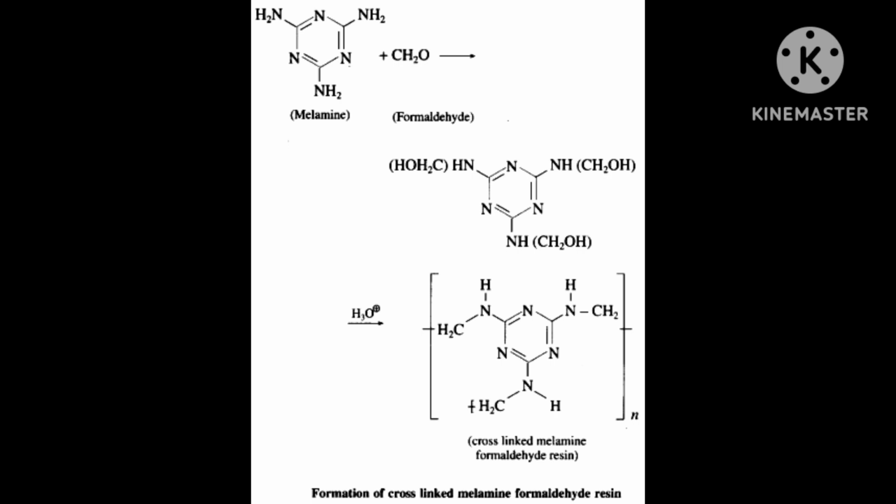It will go outside. H will go as H plus, OH will go as OH minus. When H goes as H plus, the carbon will become negative. OH goes as OH minus, and that carbon will become positive. Then this negative and positive carbon will join. Then in the middle only CH2 will remain between the two rings.